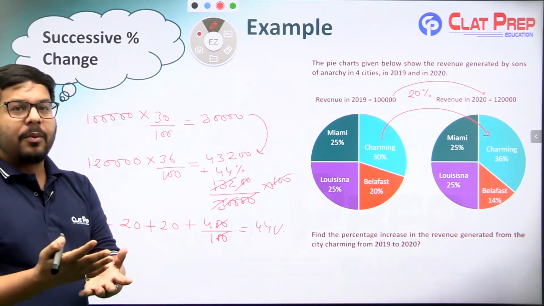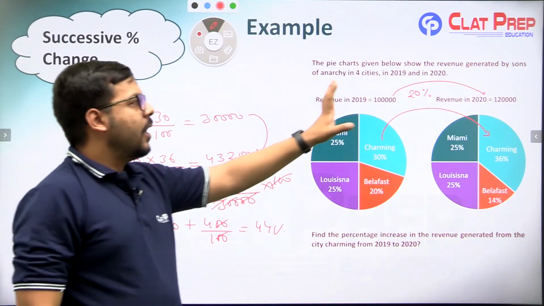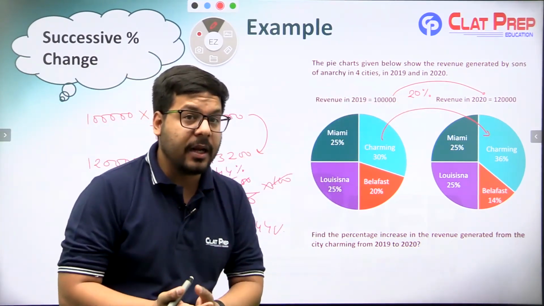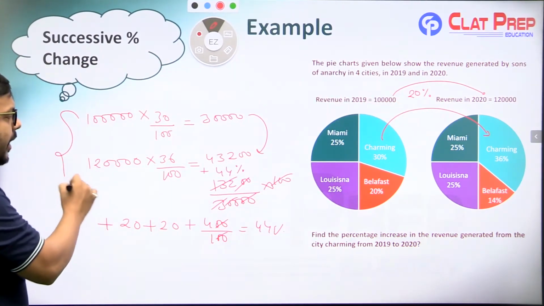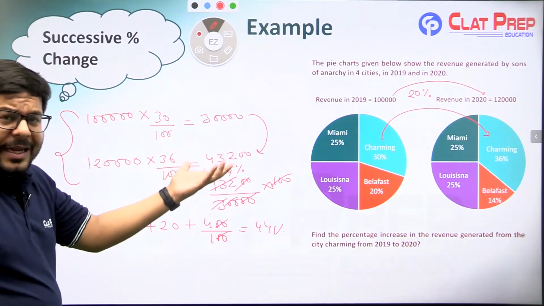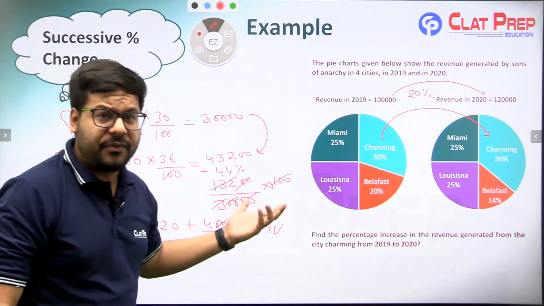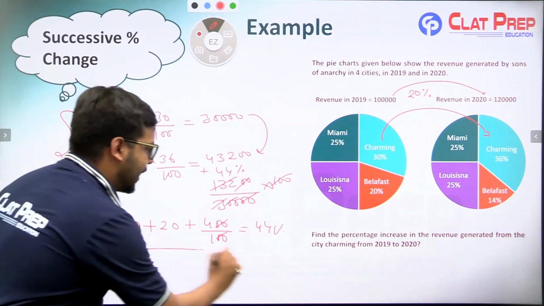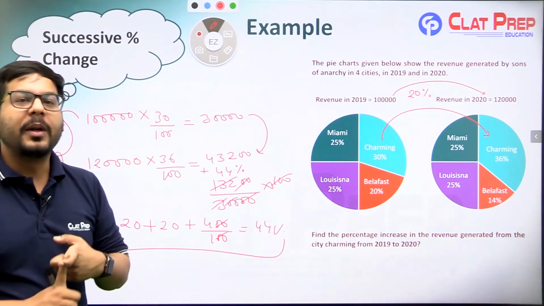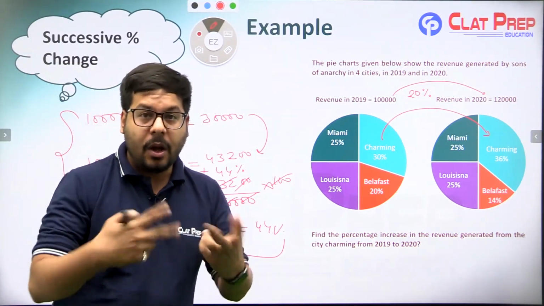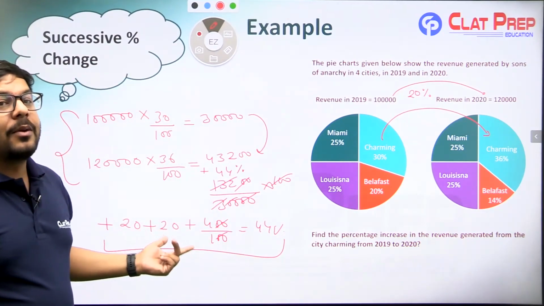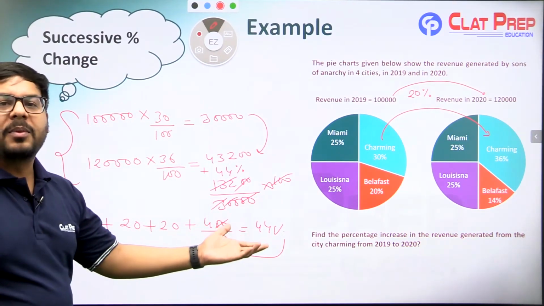Okay, now think about it. What if the values were a little difficult? If you are going to try to calculate it using the traditional method, it might take a bit of time. But if you apply successive here, you will be able to do it very efficiently and very quickly. Also, these numbers can be calculated mentally. Plus 20 plus 20 plus 400 upon 100.